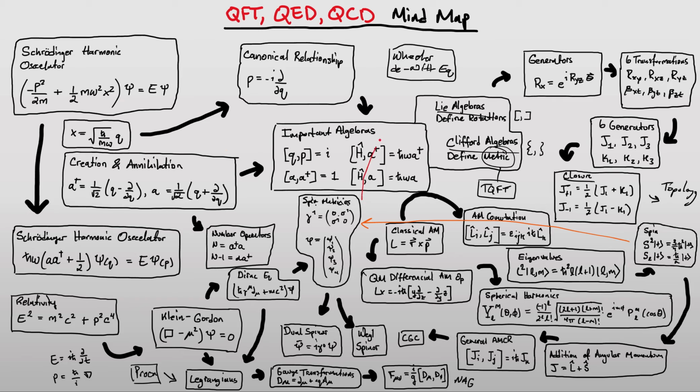Once we start talking about spin, then this is going to take us to GR, I'll say general relativity. We're going to talk about the Wheeler-DeWitt equation. We're going to talk about other attempts to take all of quantum into GR.